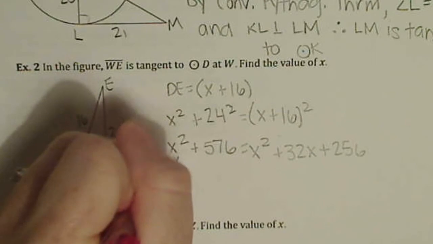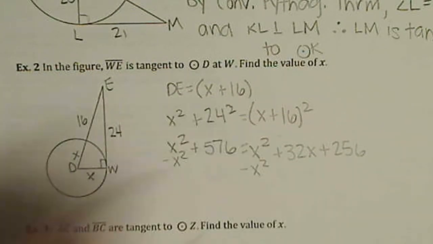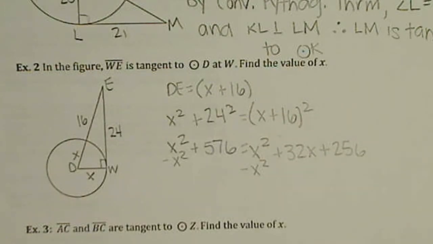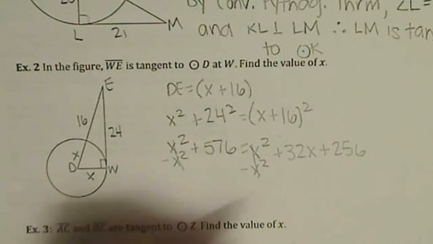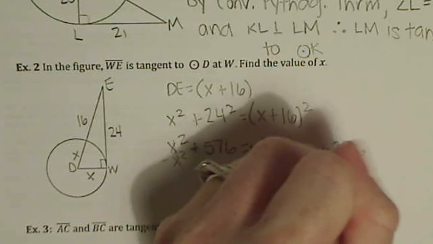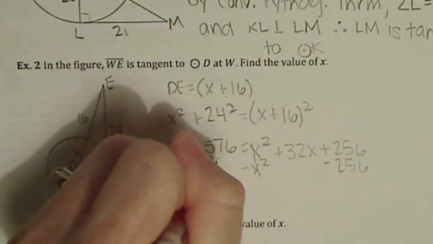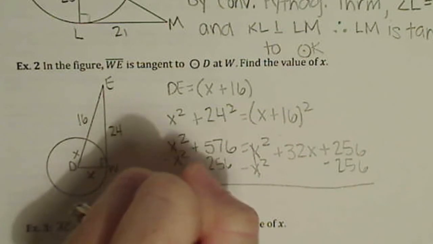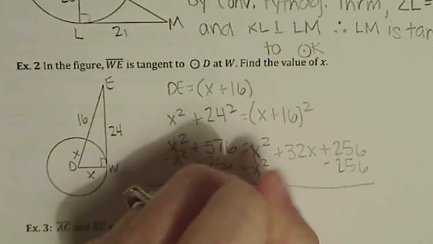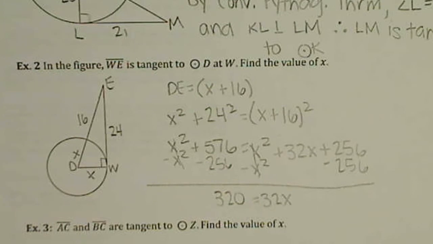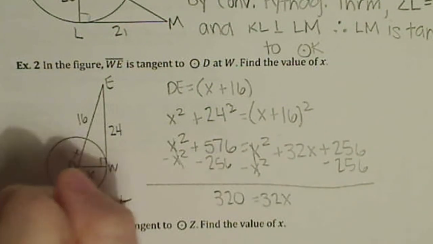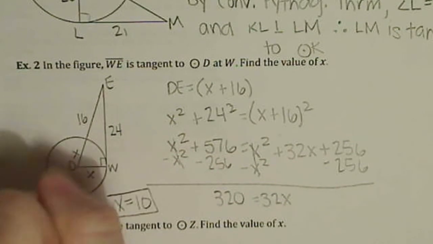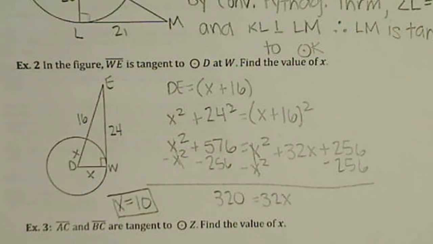So minus X squared. Hey, but then they cancel. Those cancel. So let's bring the 256 to the other side. 320 equals 32x. What is x going to be? 10. Excellent.